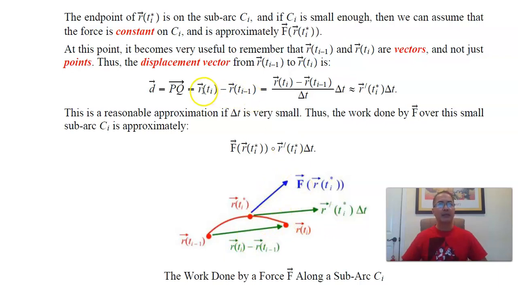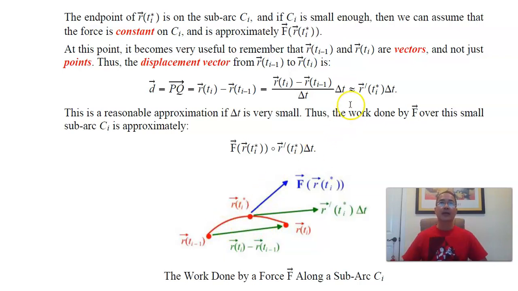But wait a minute, here's the displacement, and remember the trick we did last time. We multiplied and divided by delta t. That's a smart thing to do because this difference quotient is approximately your tangent vector. If you draw the tangent vector at any point along this very, very small arc, all of those tangent vectors should look almost the same.